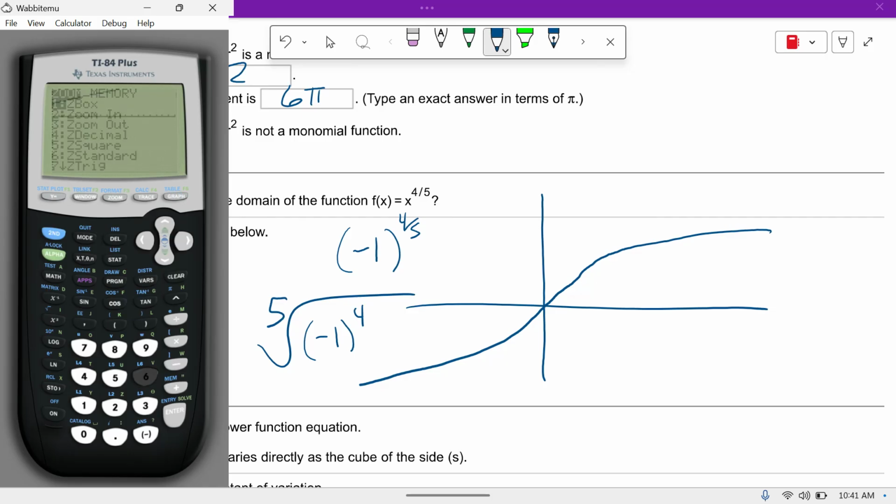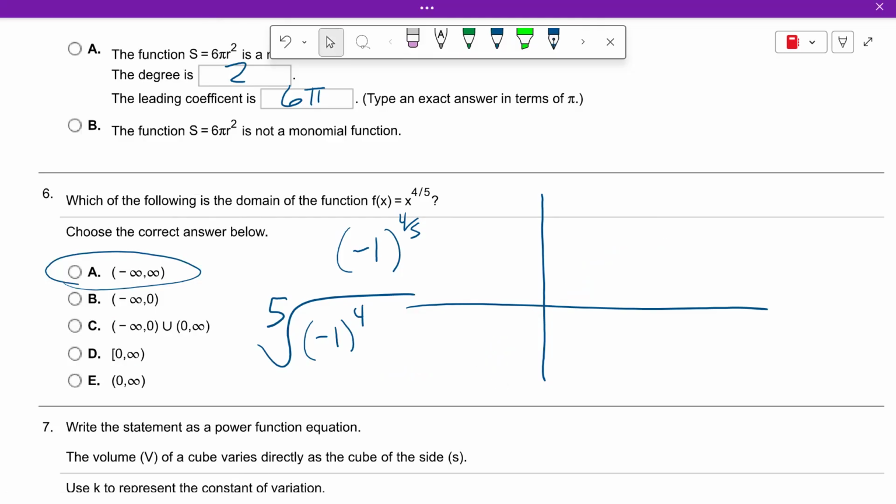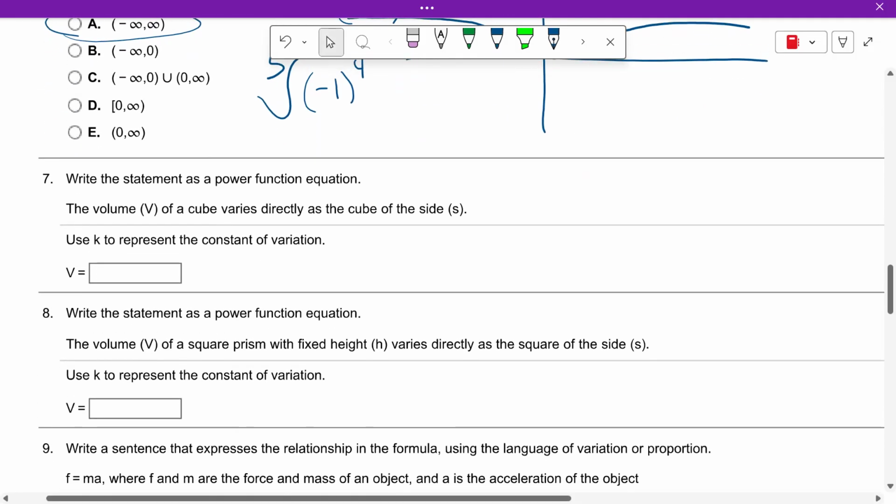Zoom 6 gets me on my 10 by 10 window. Ooh, it's not quite what I thought it was. It goes more like that. Okay? So if you have a graphing calculator, check out the graph before you decide what the domain is.